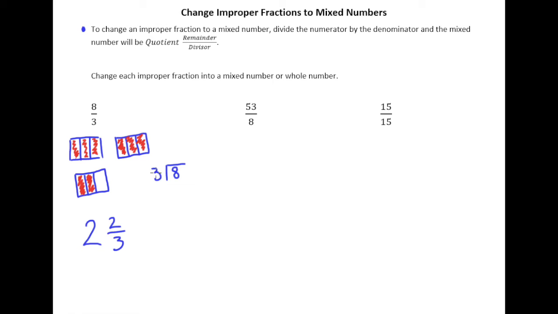To divide, you'd say 3 goes into 8 2 times. 2 times 3 is 6, and then we have a remainder of 2. So what this process describes is to take the quotient as the whole part. My quotient here is 2, so that is going to be my whole part.